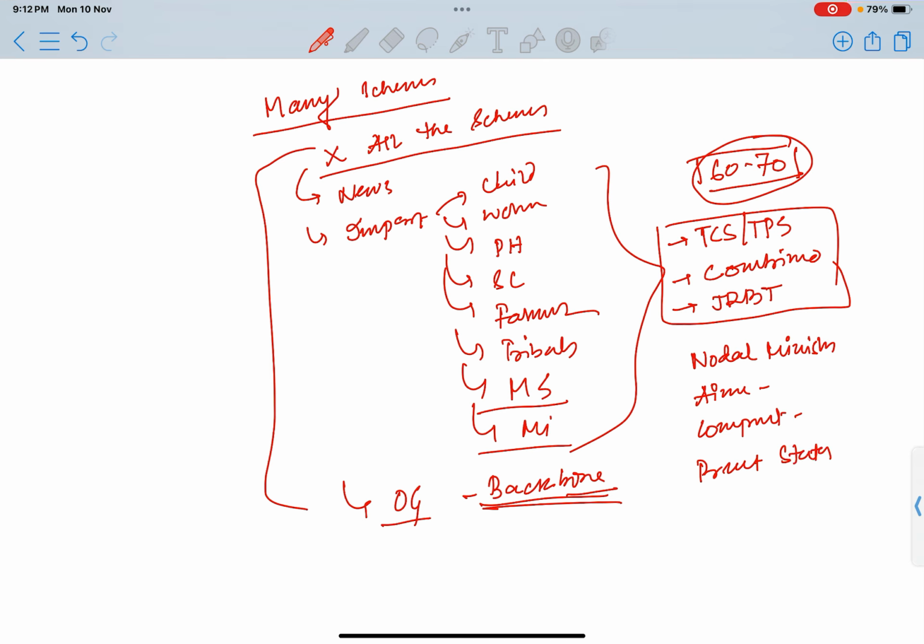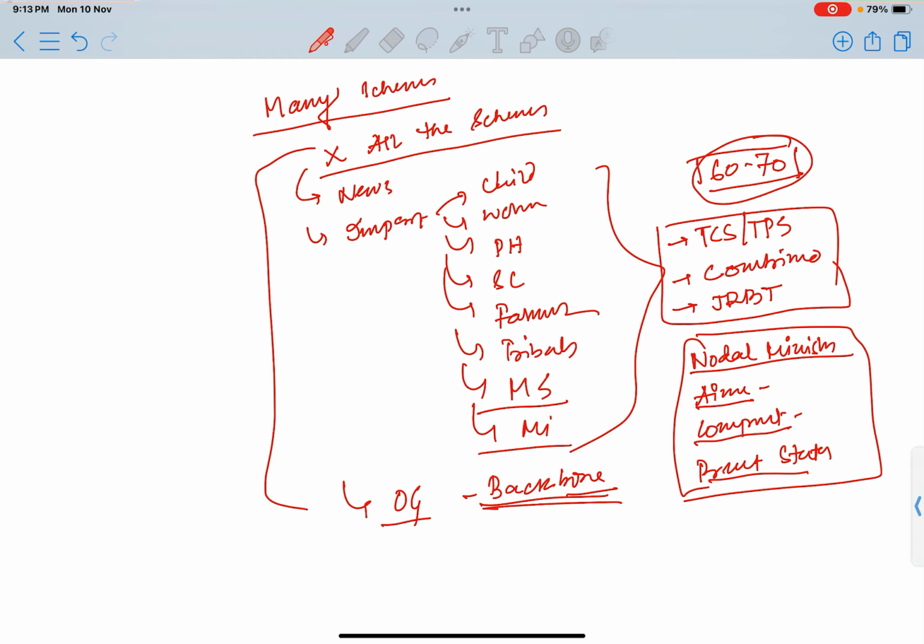This should be your basic structure for a scheme. If you read in this way, it will be easy to remember and reproduce in the examination, and it is also very easy for the examiner to check. Read about it, make your own notes, and revise multiple times, then only can you remember. Otherwise you cannot.